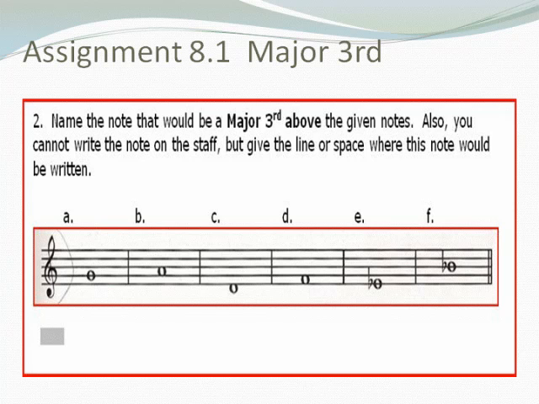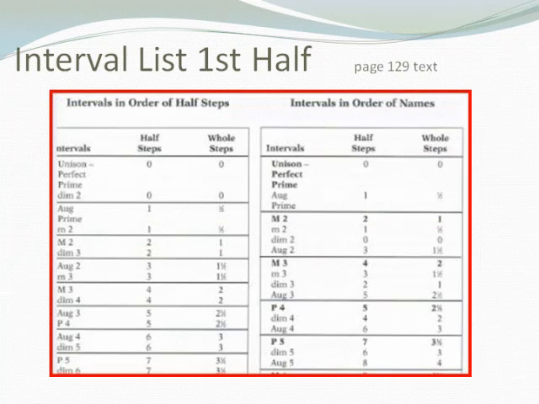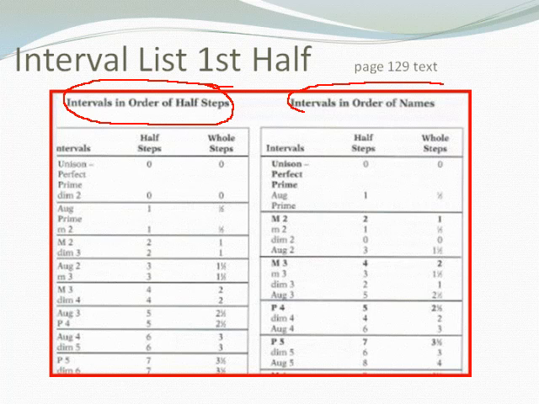Lowercase and bold print, which side? Doesn't matter which side. They're both the same. If you look at that, it's just a different order. On page 129, on the left side of the page, it's in the order of half steps. On the right side of the page, it's in the order of names.